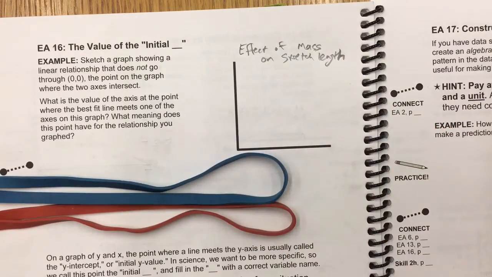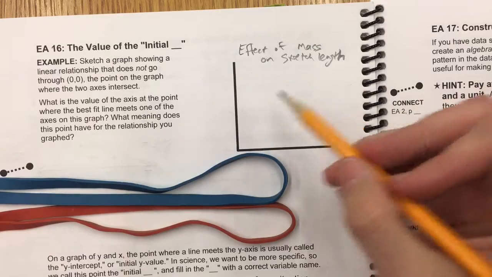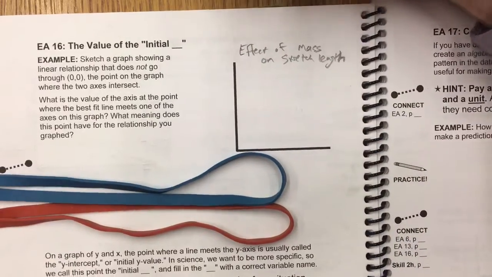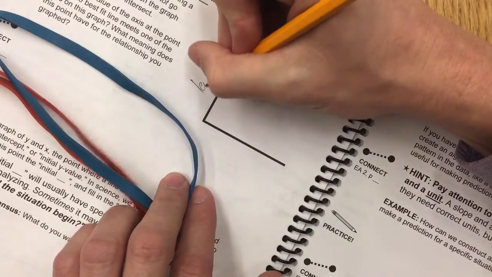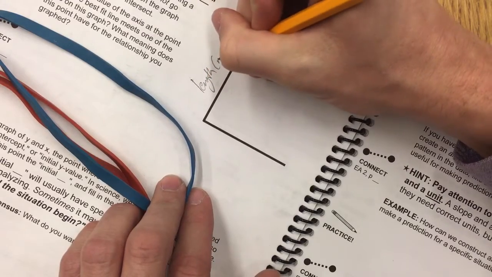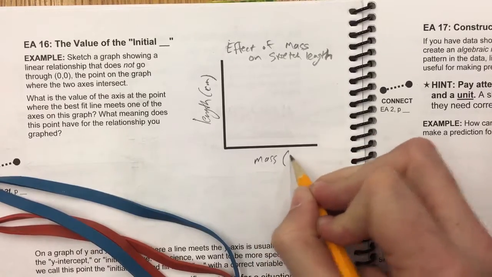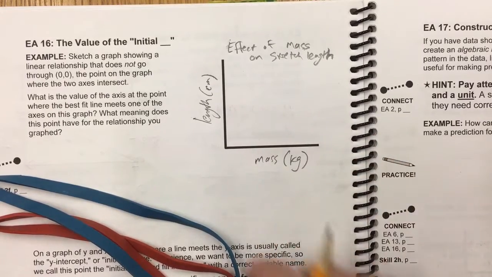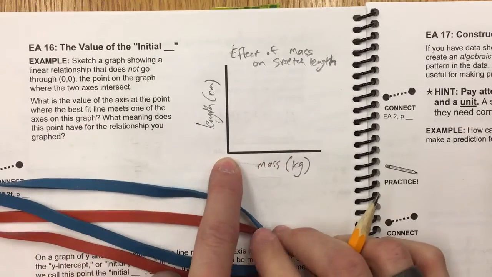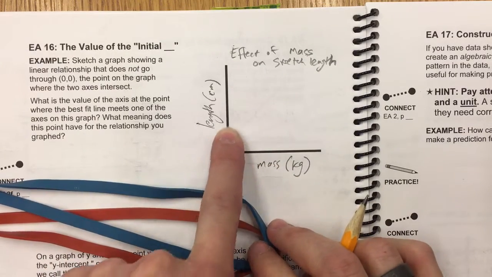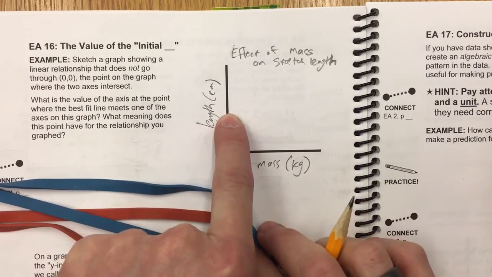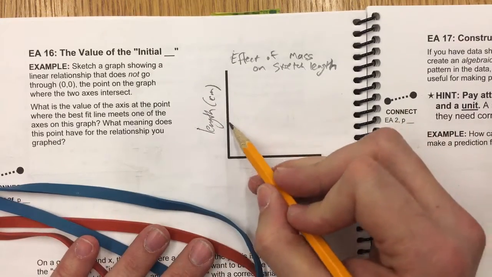Most of you who finished this best fit line noticed when we make this graph of length in units of centimeters on this axis and mass in units of kilograms on this axis, even when the mass was 0, the length of the rubber band was not 0. So the graphs ended up looking like this.